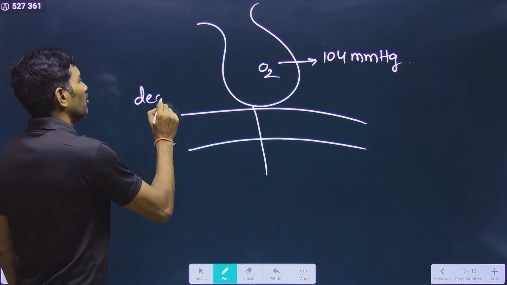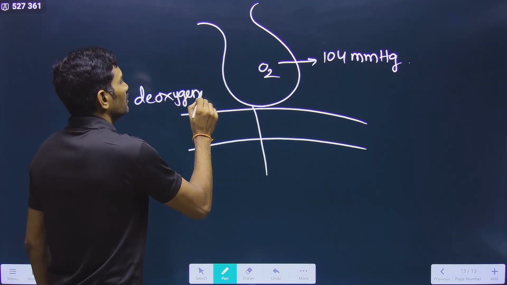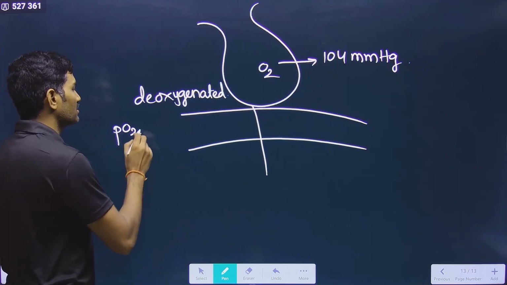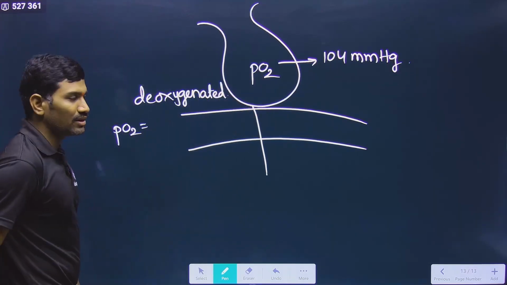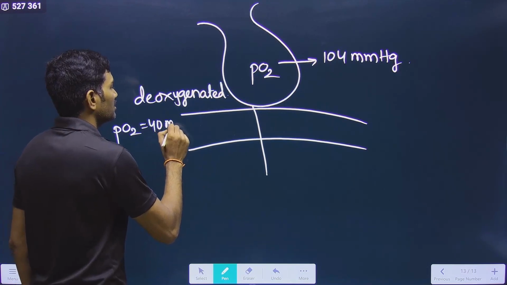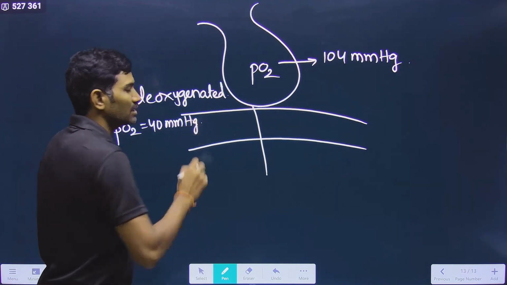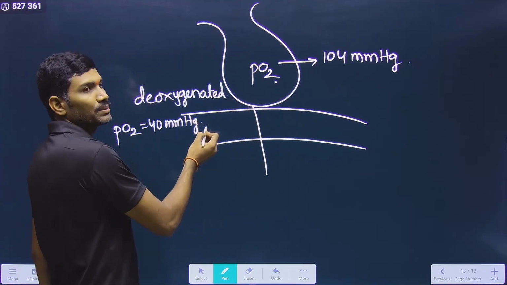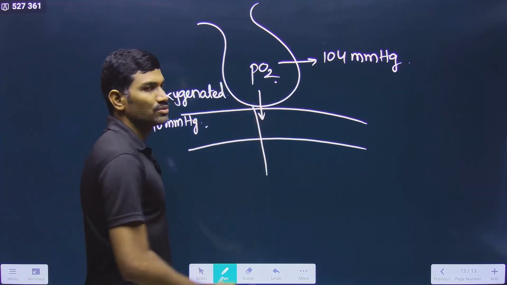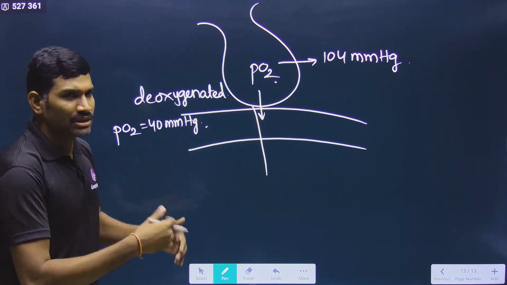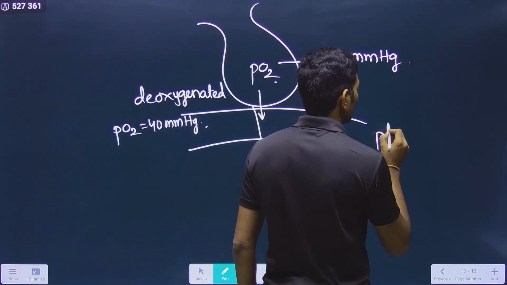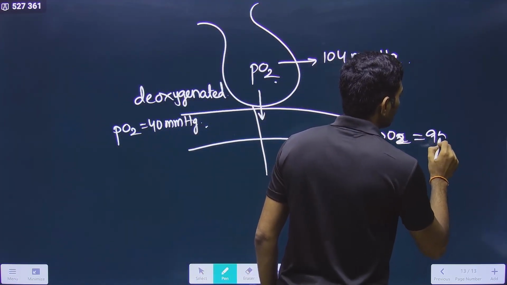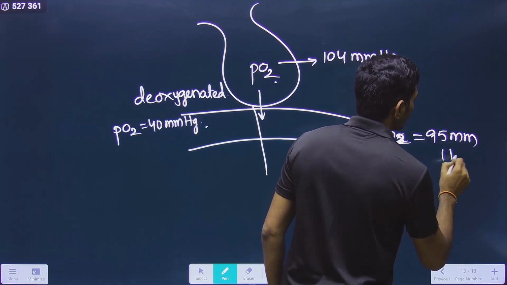Now let us see this. This is the deoxygenated blood. In the deoxygenated blood, the partial pressure of oxygen is 40 mm Hg. Now here, from high pressure to low pressure, oxygen keeps on coming in, so that the PO2 is raised to 95 mm Hg.